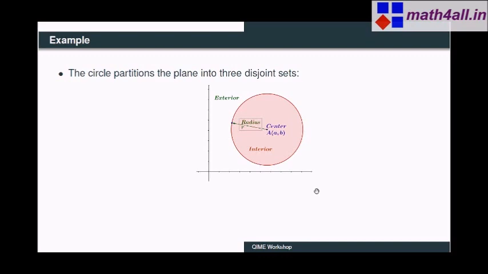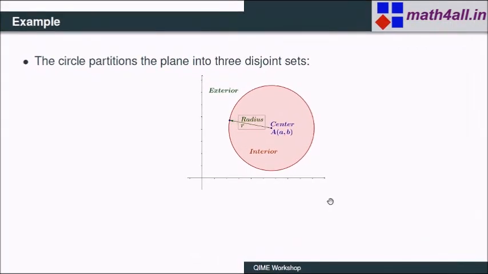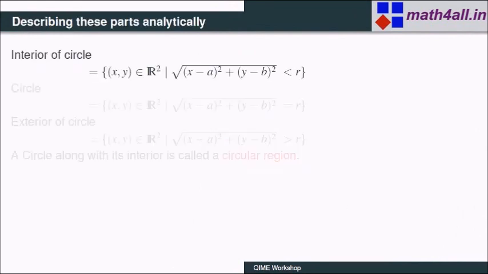The interior of the circle is all the points at a distance strictly less than r from AB, the circle is where the distance is equal to r, and the exterior is where the distance is bigger than r.